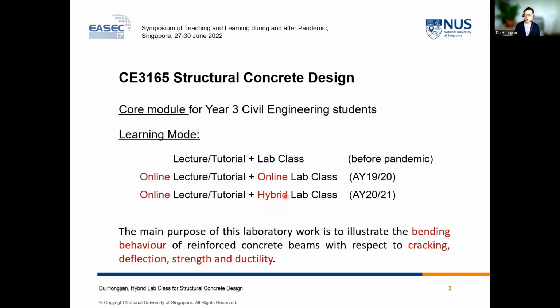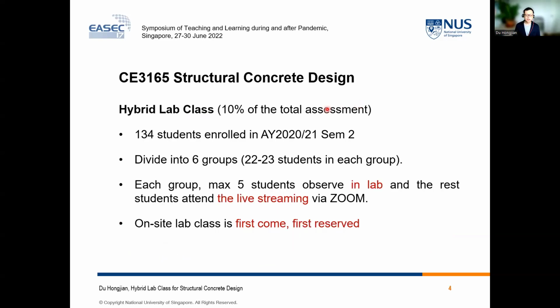So we could bring 5 students maximally, and all the rest of the students attended the online platform, which is Zoom, used in my module. Last year, about 134 students were enrolled in this module. We divided the whole cohort into 6 groups, so around 20 to 23 students in each group.